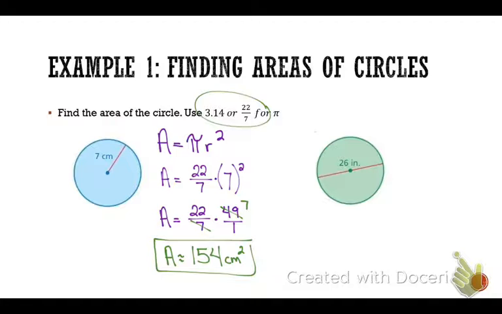Pi is the most famous irrational number in mathematics. Because 3.14 is already rounded, every problem that I solve that has pi is actually rounded, even when you multiply and your answer is a whole number like 154.